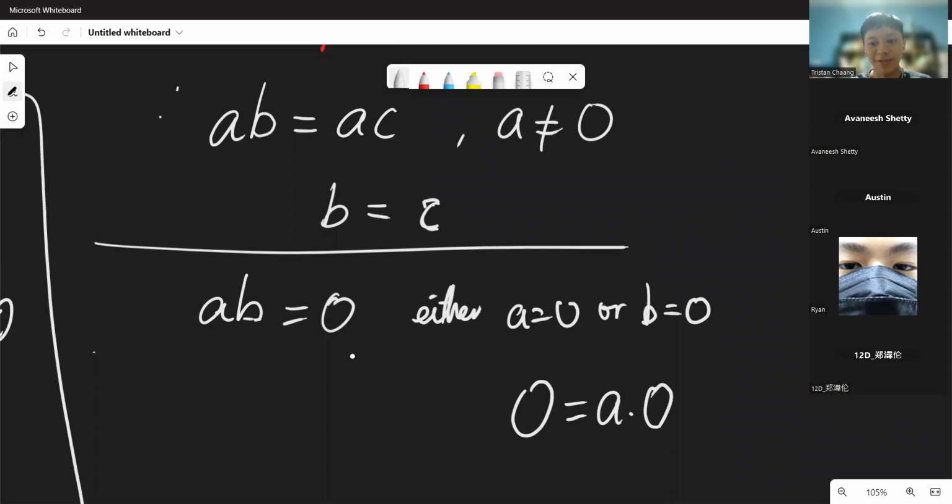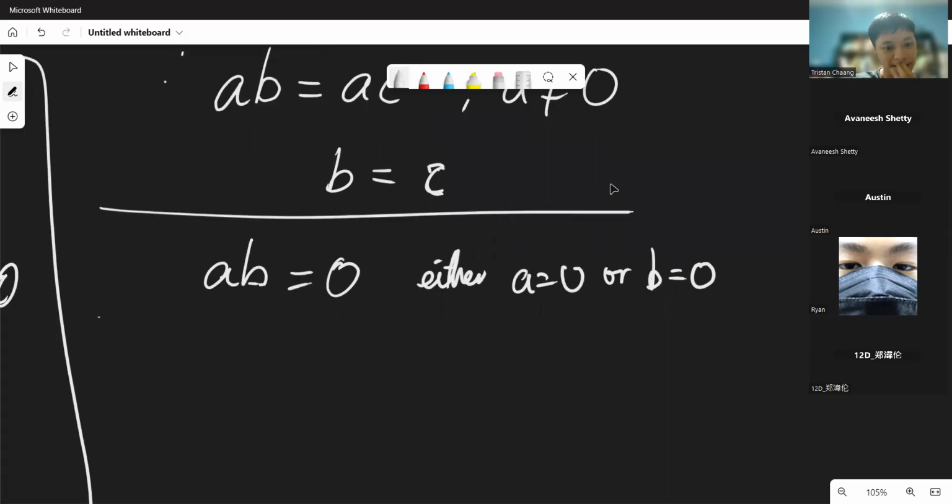I'll show you a case where anything times 0 is 0, but there are two elements that multiply to 0. That set is not a field anymore, but I will show you that it exists later. Mod 6. Let's not talk about mod 6 yet. Let's just focus on proving this thing first.